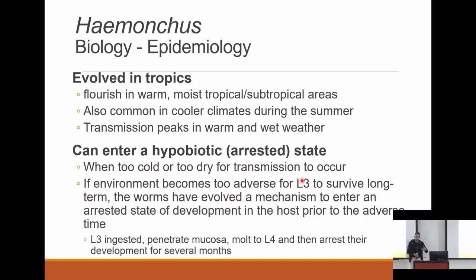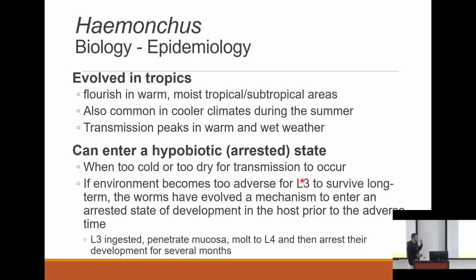So this parasite changed its genetics and evolved into these new regions. And the transmission peaks in warm and wet weather. This is what we already discussed. This parasite needs a rainy environment and better temperature to develop.